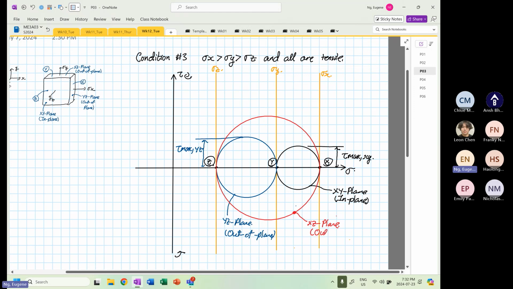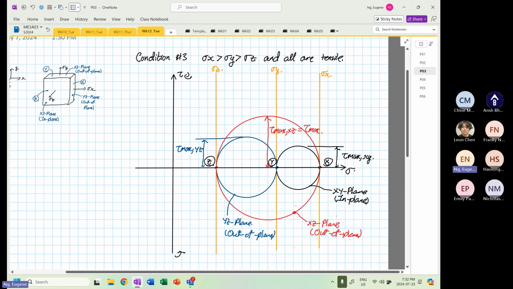And again, our out of plane has the biggest shearing stress. Okay, so if you look at this height over here, this is our tau max in our XZ plane, and it's equal to tau max.